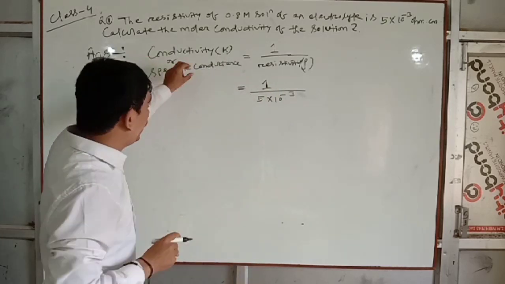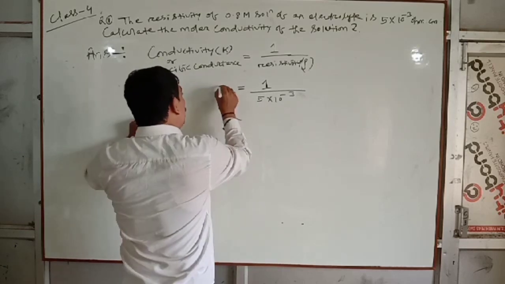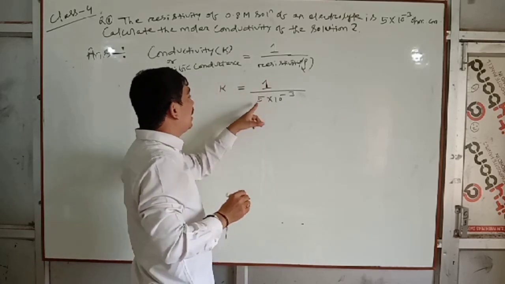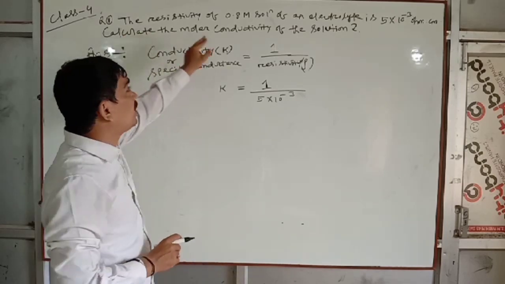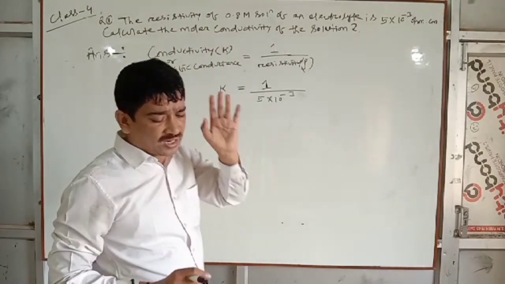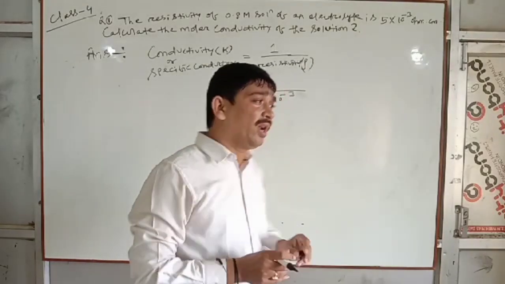So conductivity kappa equal to 1 by resistivity, 1 by rho. So kappa value equal to 1 by 5 into 10 to the power minus 3. We have to calculate the molar conductivity or molar conductance. So what is the formula?